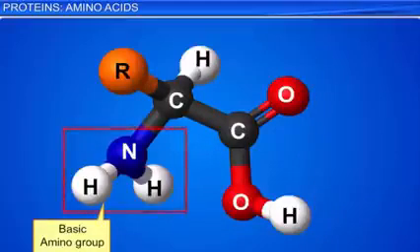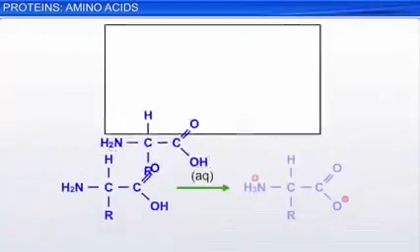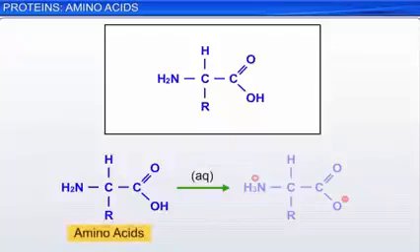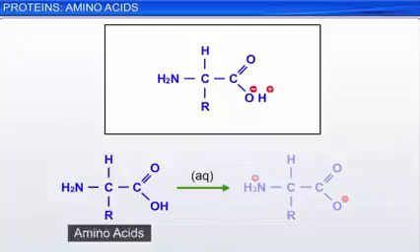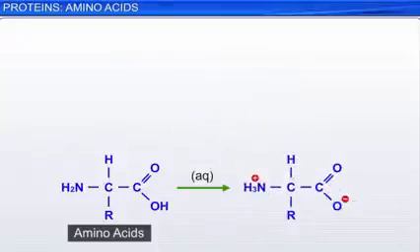In aqueous solutions, the acidic carboxylic group of an amino acid transfers a proton or a hydrogen ion to the basic amino group present in the same molecule. This results in the formation of a dipolar ion called a Zwitter ion.